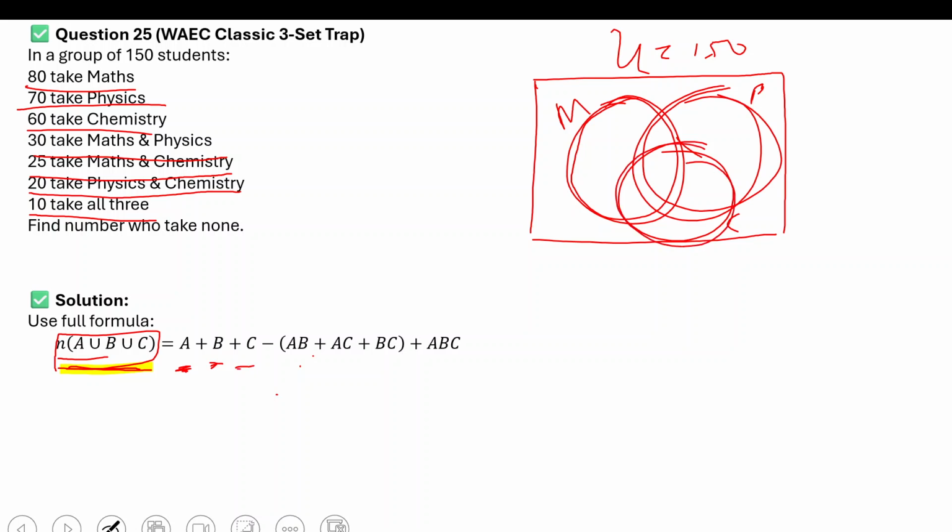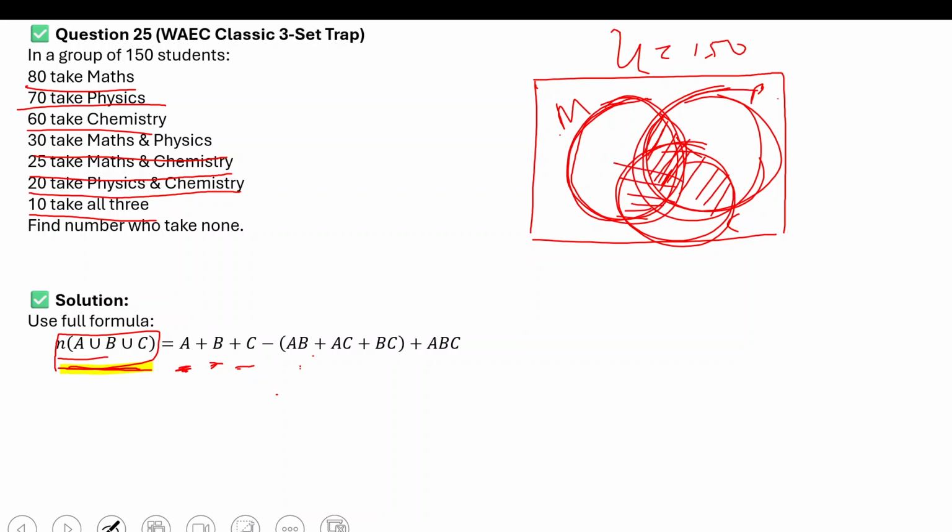Now I'm going to subtract the intersections two by two. So I'll subtract the intersection of this with this color here. That's the first pair. I'll subtract B intersect C, second pair. I'll subtract M intersect C, third.